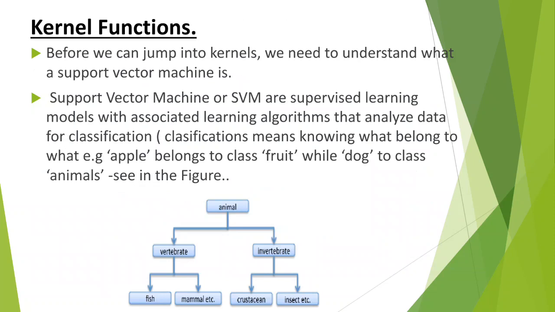For example, apple belongs to the class of fruits, while dog belongs to the class of animals. See in the figure, vertebrates and invertebrates belong to the class of animals, in which fish and mammal belong to the class of vertebrates, as well as crustacean and insect belong to the class of invertebrates.